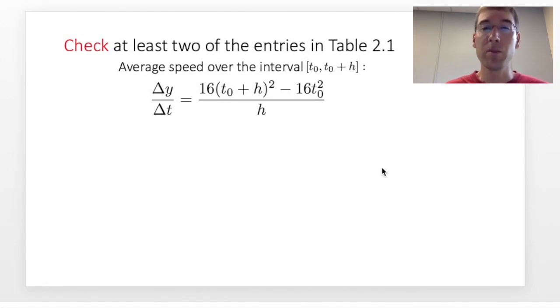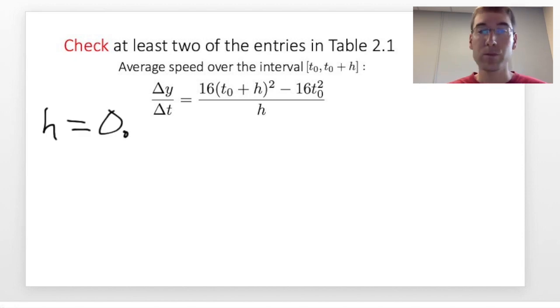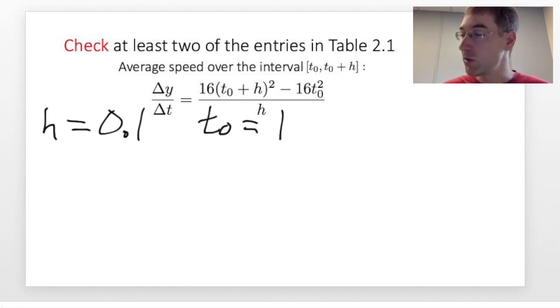If we compute another entry of the table, let's do the entry for h equal to 1/10, again with t naught equal to 1, the computation looks like this.